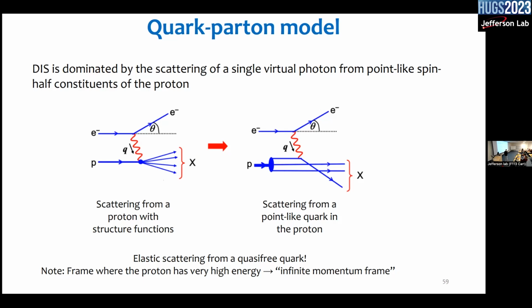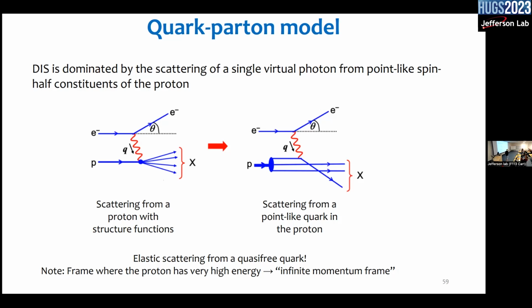These two pictures, for the purposes of what we're doing, are related, right? We can scatter from a proton and describe that reaction with the structure functions. In this case, we replace the form factors with structure functions, and we can use that to talk about what's going on with the partons in the nucleus. Or you can also think of it as quasi-elastic or elastic scattering from a point-like quark inside of the proton.